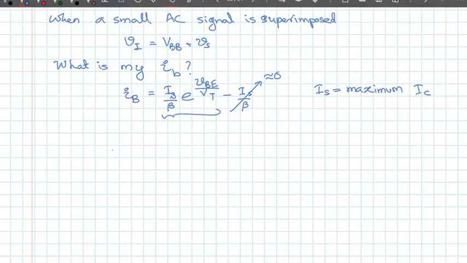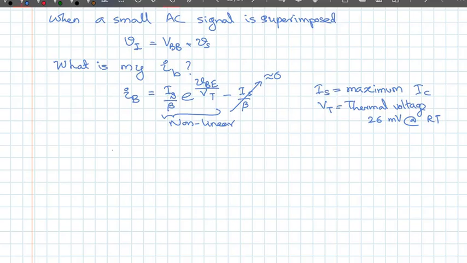Okay, but this is a non-linear relationship. Okay, this is non-linear. So this is, you know, this is VT. What is VT? VT is the thermal voltage, it's like 26 millivolts at room temperature.